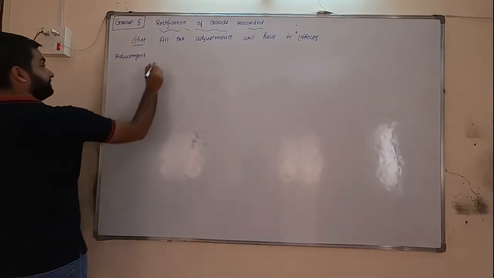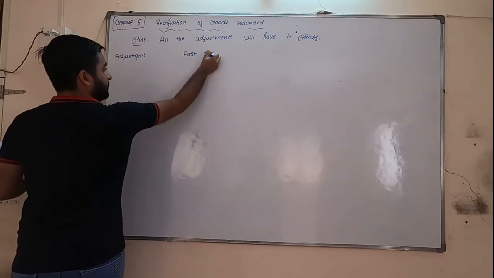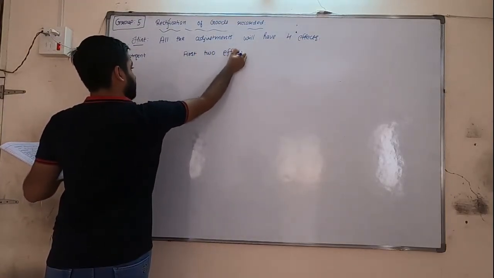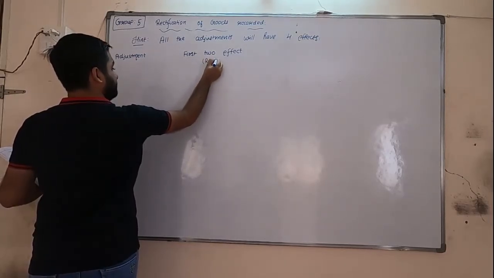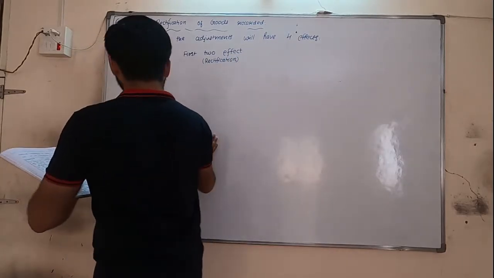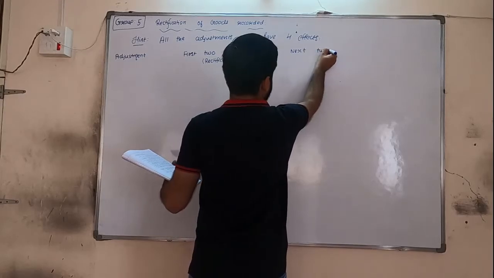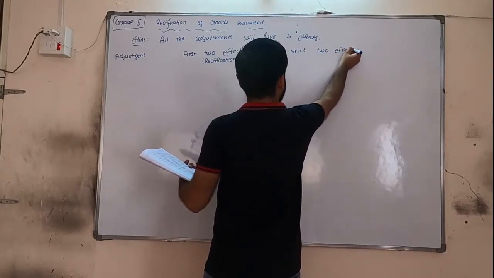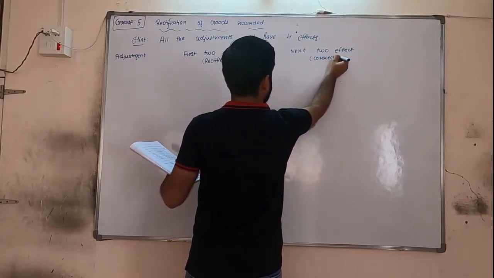In the adjustment, the first 2 effects are for rectification, the next 2 effects are for correction.